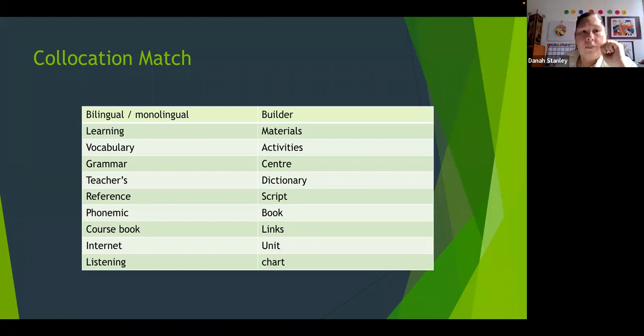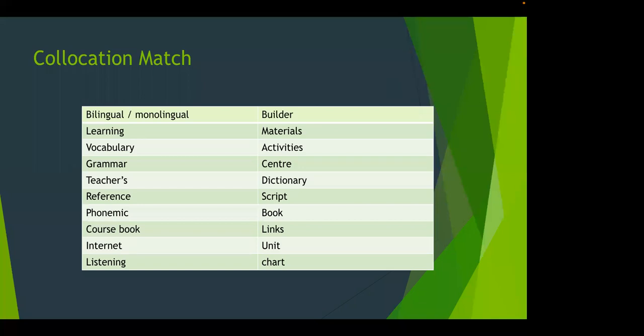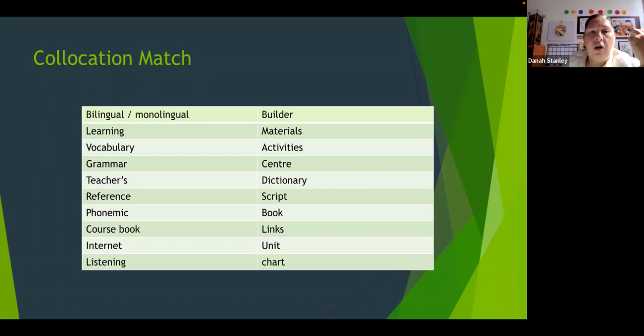For example, bilingual or monolingual what? Builder, materials, activity center, dictionary, script, book, links, unit, chart. Dictionary. Can be bilingual or monolingual dictionary. Learning.